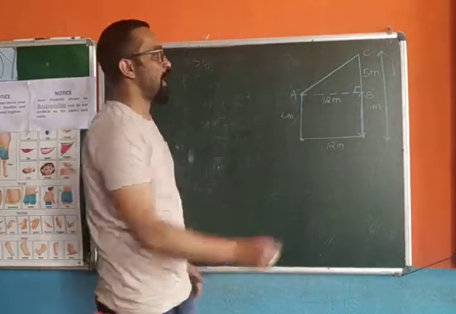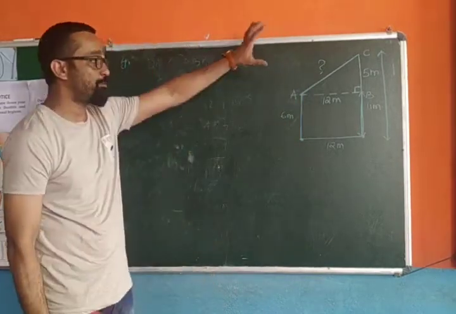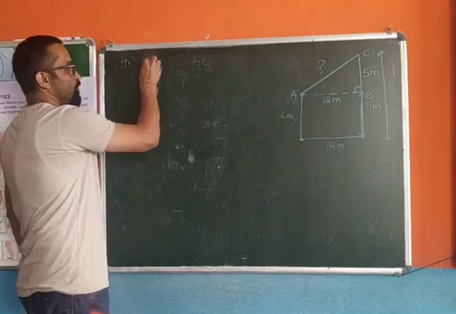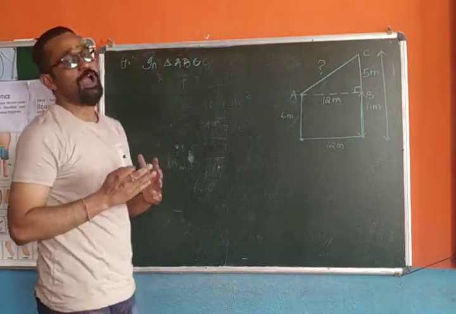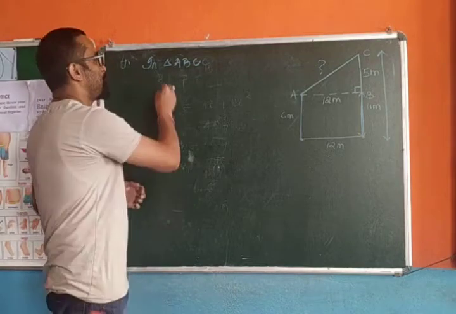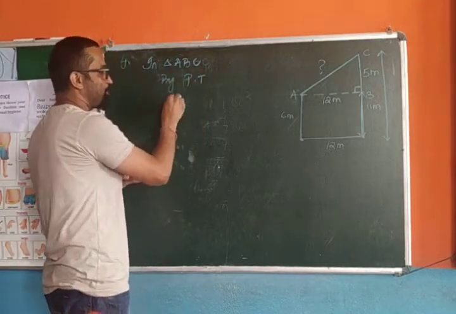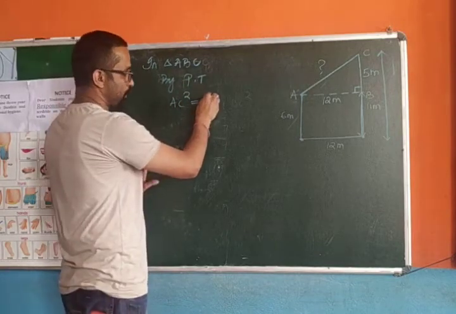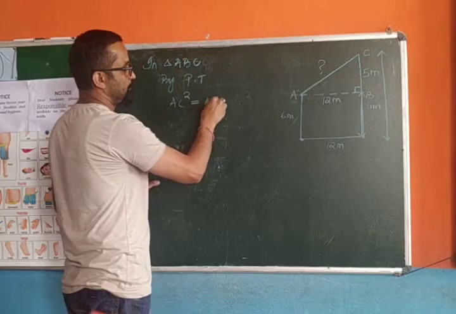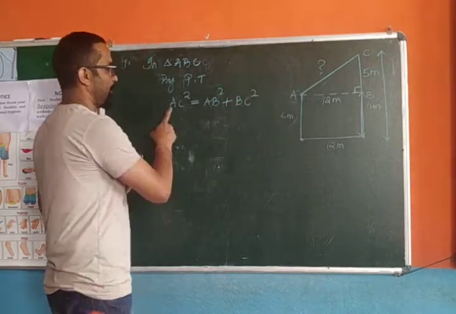We have a right angle triangle. You need to calculate the hypotenuse. So in triangle ABC, the right angle triangle, by Pythagoras theorem, the square of the hypotenuse is equal to the sum of the squares of the other legs.